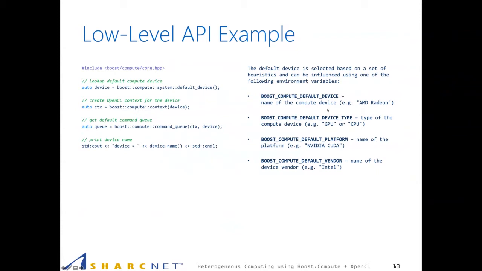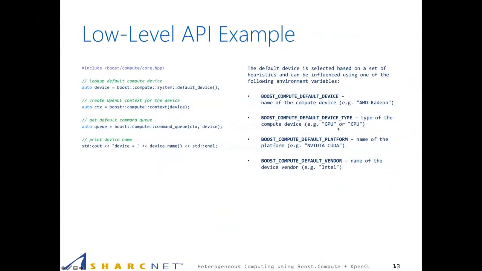The default device is selected based on a set of heuristics and can be influenced using one of the following environment variables. For example, if you export this variable before running your program and set it to, for example, AMD Radeon, the default device is going to be the AMD Radeon device. Or you can select based on the device type.